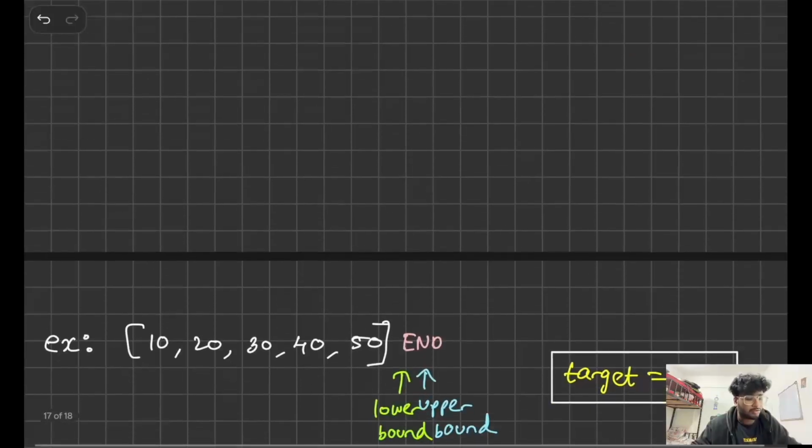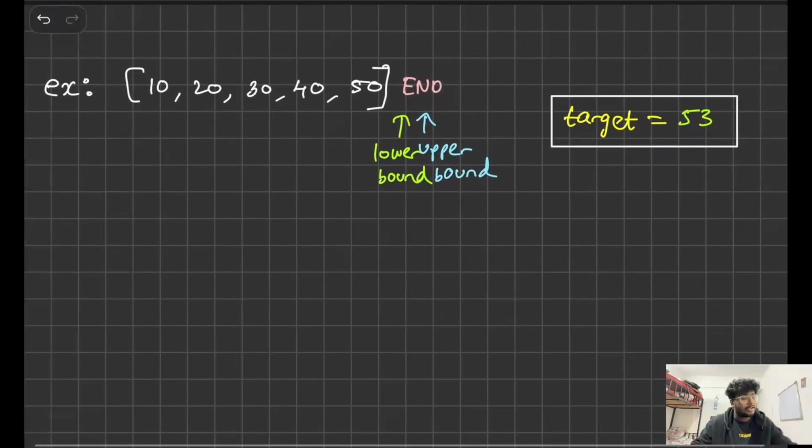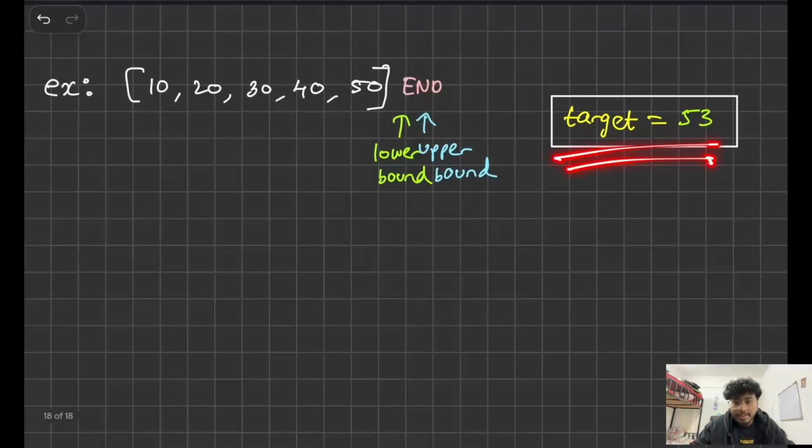That's it. So let's take another example as well. Let's say our target was 53. It does not exist in the array. The largest element in this vector or array is 50 and we want something 53.